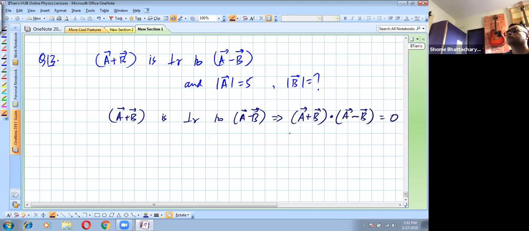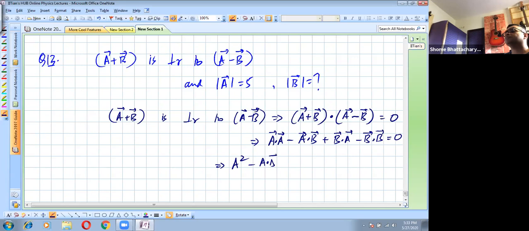Okay. Now apply the distributive property here. So A dot A minus A dot B plus B dot A minus B dot B is equal to 0. Okay. Now next step, A dot A is nothing but magnitude of A square.